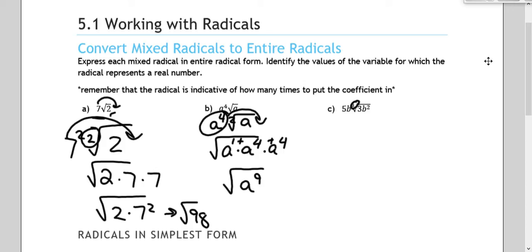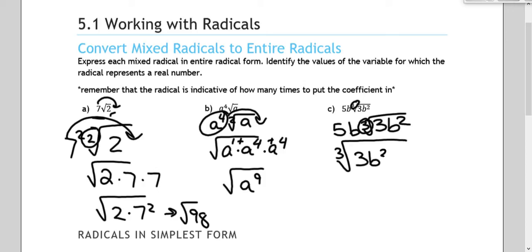This one here is a little different. It's cubed, so it'll be 5b. I'm just going to rewrite it so it's a little easier to see. 3b squared. So it says put it in there 3 times. So the way I'm going to do that is I'm going to say 3b squared times 5 to the 3 times b 3 times 1, right?